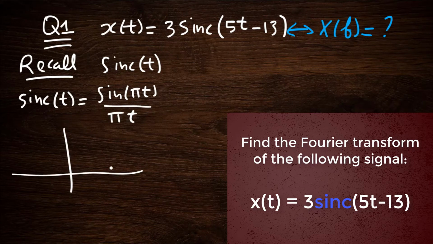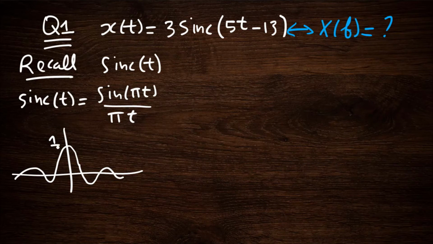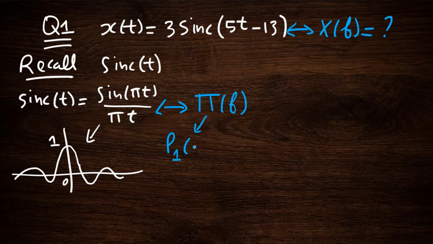The sinc of t is sine of pi t over pi t. And the graph of this function looks like this. It's 1 at 0 and it has this weird behavior. Now the Fourier transform of the sinc function is the rectangular pulse. I call it pi of f. Some people call it p1.